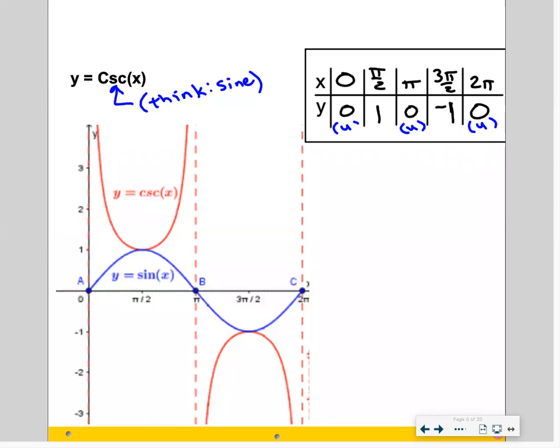A cosecant graph basically takes a sine graph, and at the high point, it flips it up, and at the low point, it flips it down. So what you see in red is the cosecant graph, okay? Again, I don't expect this to make a ton of sense right now, but this is what it's going to look like when we're done after we get through doing our changes, okay?